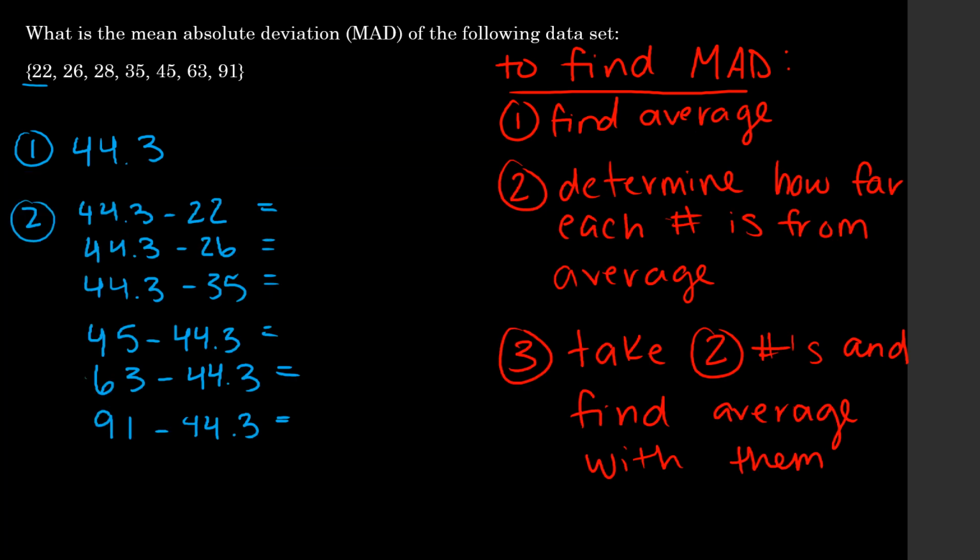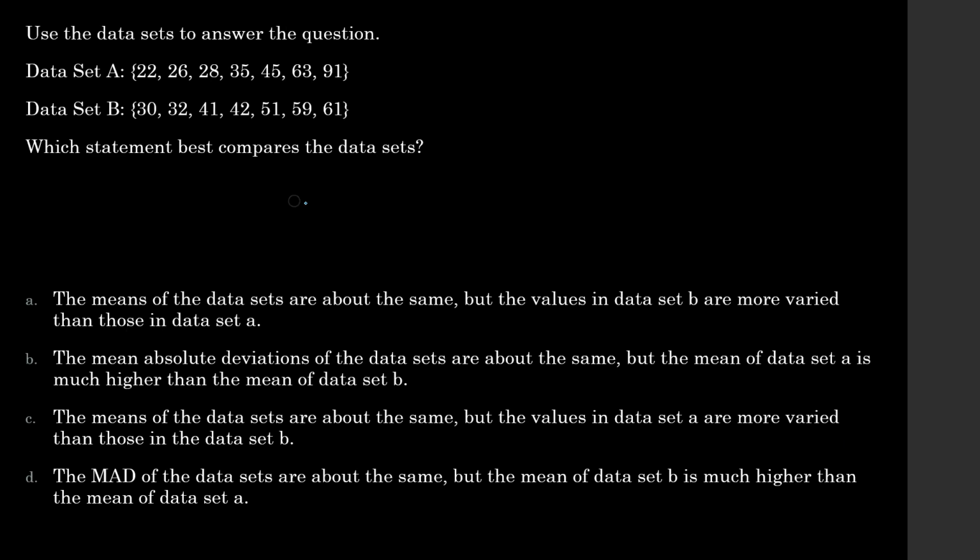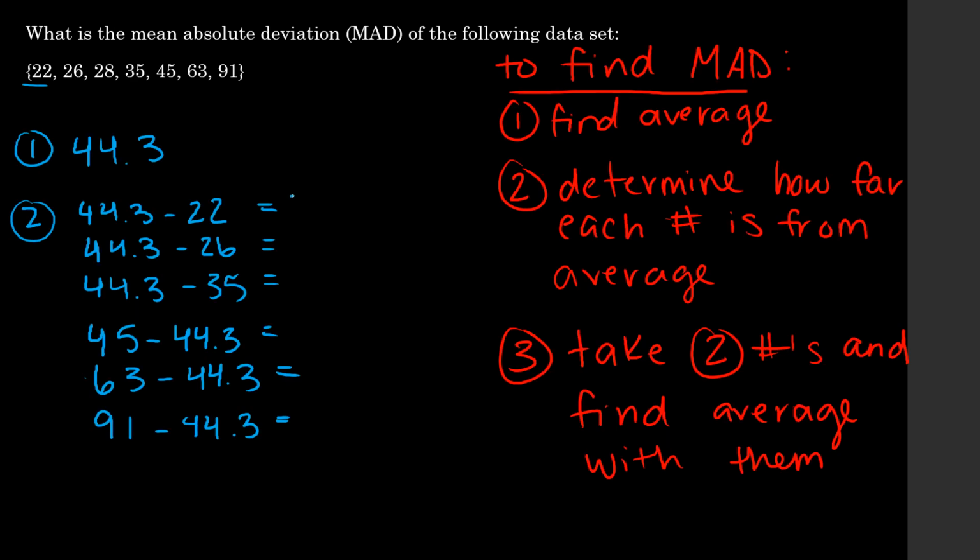So I'm just going to copy these down here. So this is 22.3, 8.3. Oh, whoops, that one is wrong because I typed that number in. Double check your numbers, make sure you don't make a mistake. This should be 18. Whoops, 18. This should be 9.3, 0.7, 18.7, and 46.7.